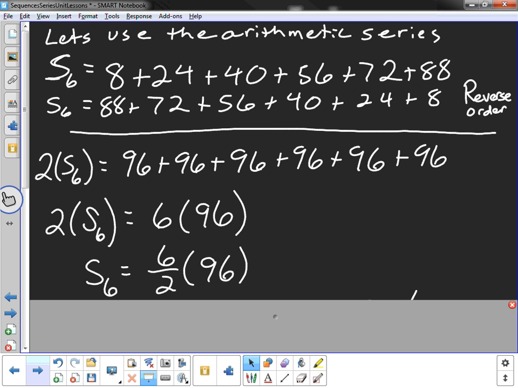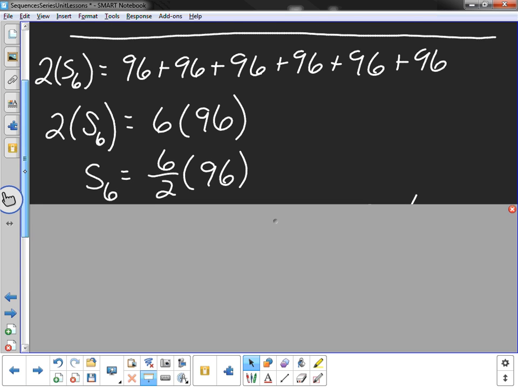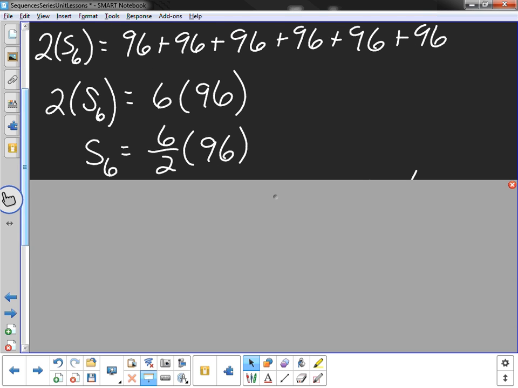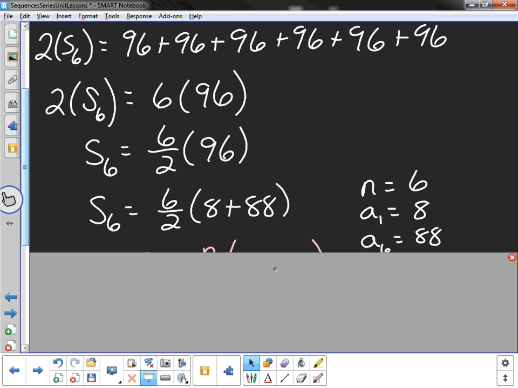Well, how did we get the 96? To get the 96, we just added the 8 and the 88. So the 8 was our first term, the 88 was our last term. How we got the 96, we have the 6 over the 2 for the sum.